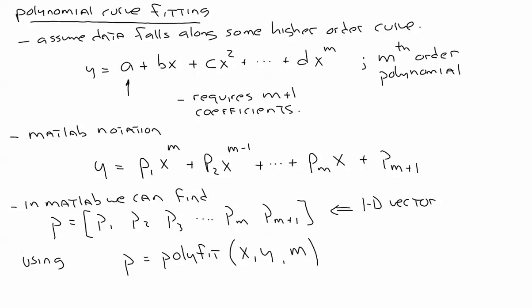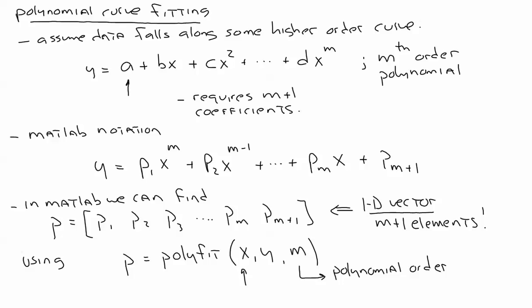You'll notice this 1D vector has m plus 1 values. M is the order of my polynomial. To fit an mth order polynomial, I need m plus 1 coefficients.